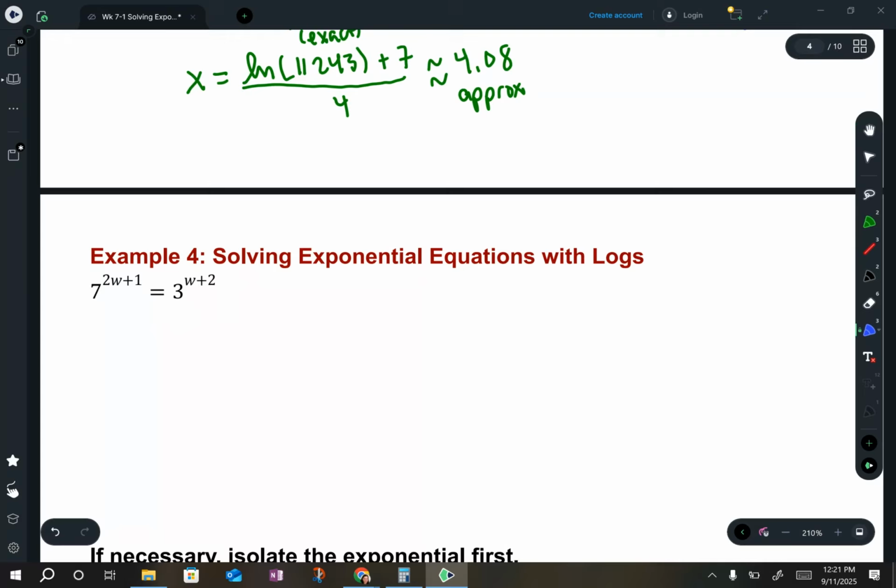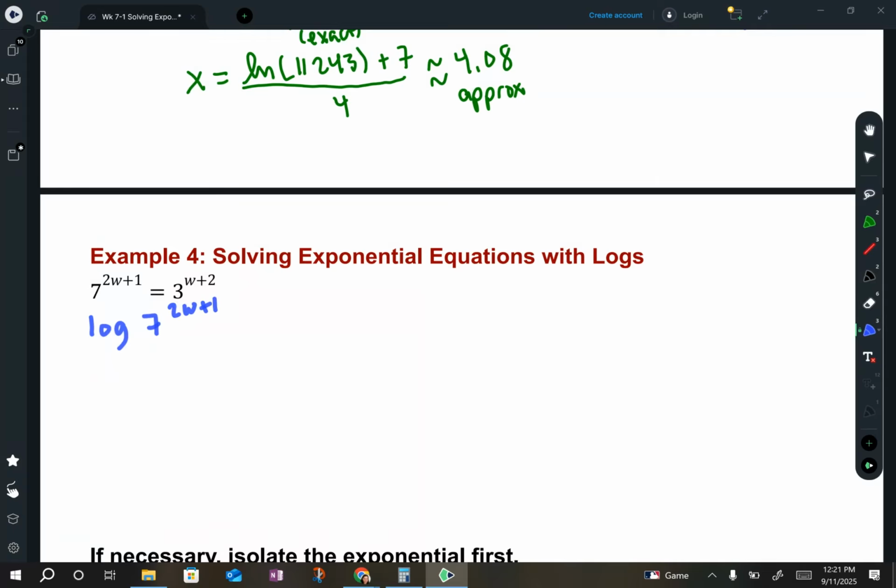Let's go ahead and just take logs of both sides. So log of 7 to the 2w plus 1 equals log of 3 to the w plus 2. So this becomes 2w plus 1 times log 7 equals w plus 2 times log 3.